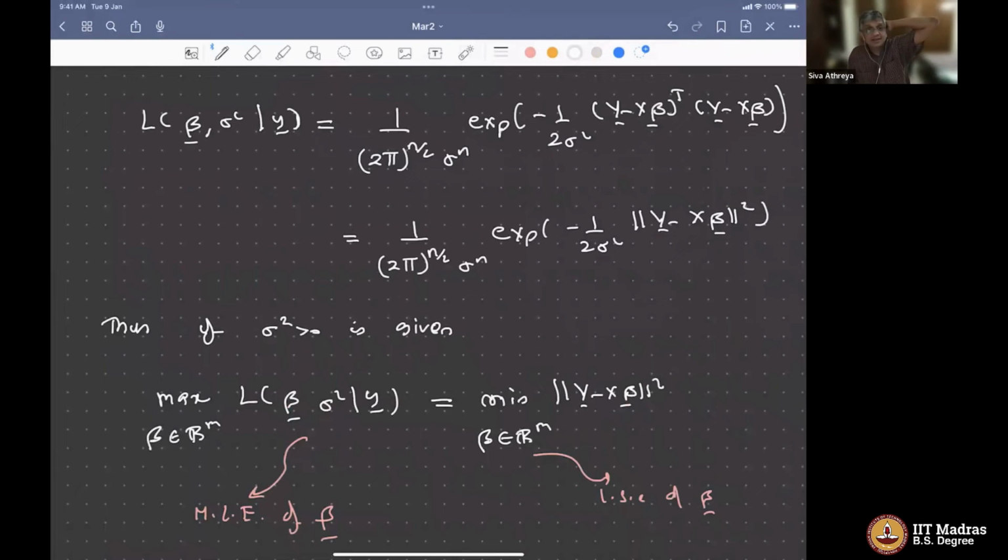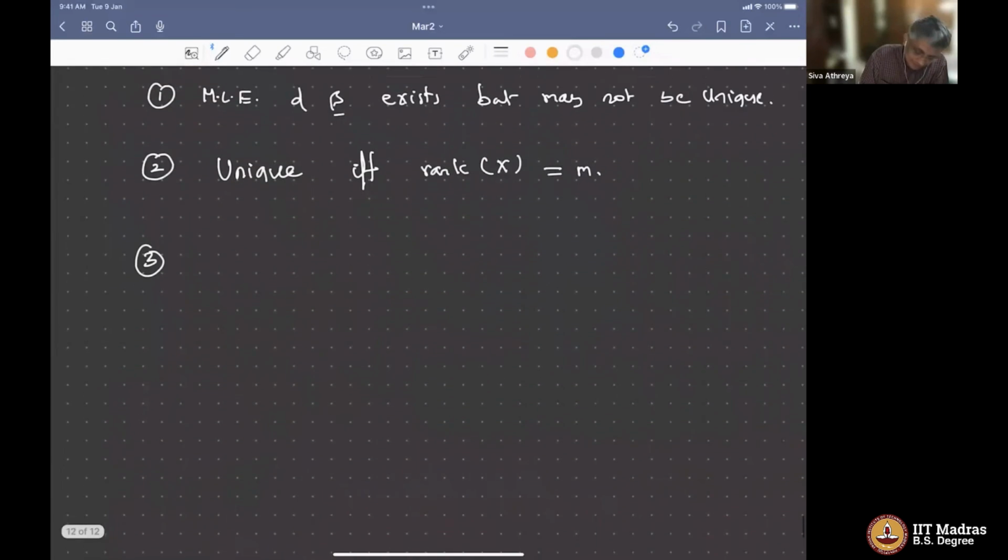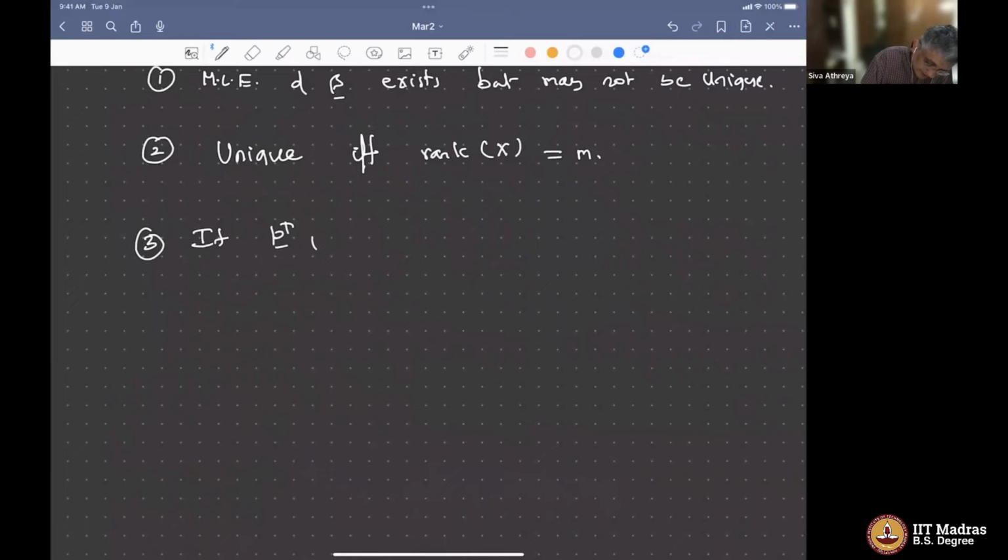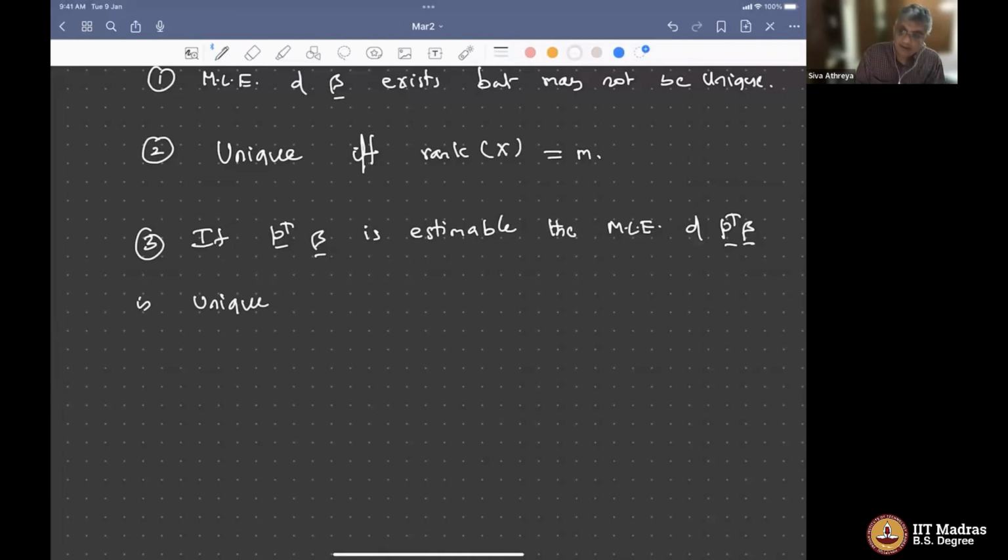If P transpose beta is estimable, then the MLE of P transpose beta is unique, as we showed today, and is given by its least squares estimate.